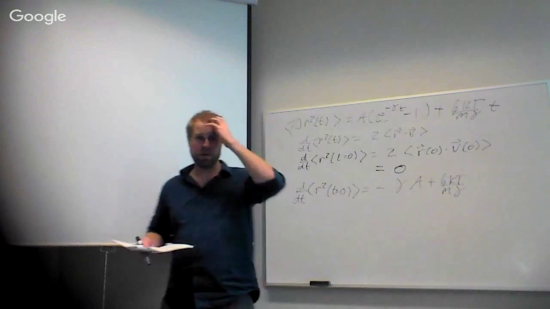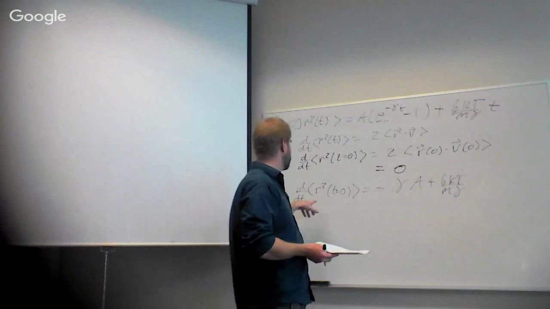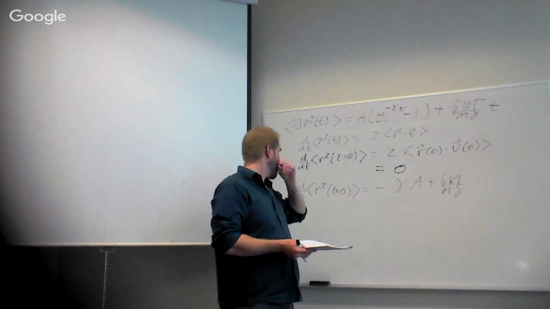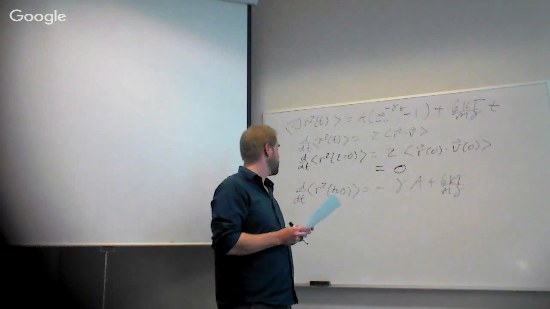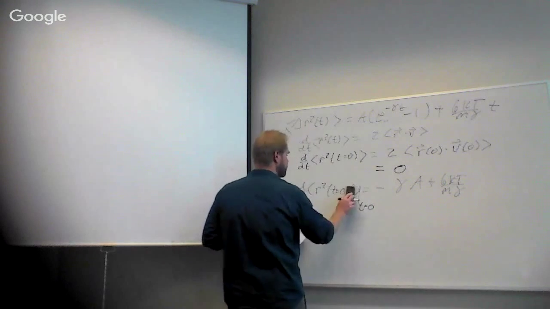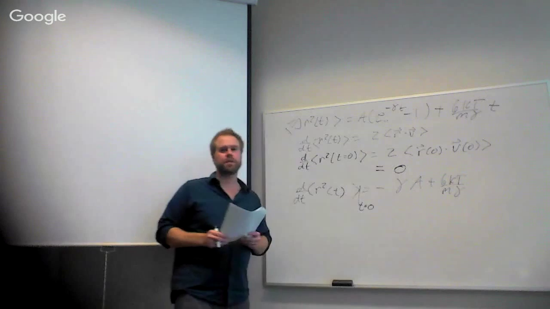That t equals 0 should be outside the average, right? Because it's like we're taking the time derivative of a constant. We're taking the derivative over time and then evaluating the derivative at time equals 0. Yes, that's right. So it should be evaluated at t equals 0.